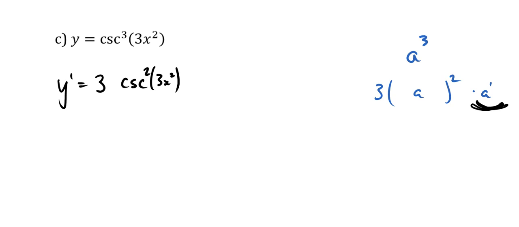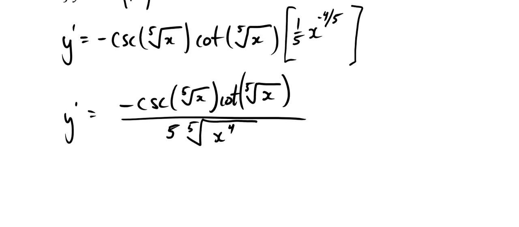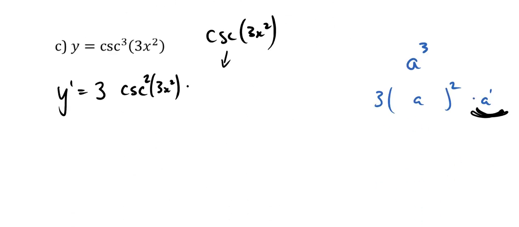So the derivative of just this, cosecant 3x squared, that's a. So this part's going here. What's the derivative of cosecant? We just did that up here, didn't we? So there it is again: negative cosecant times cotangent.